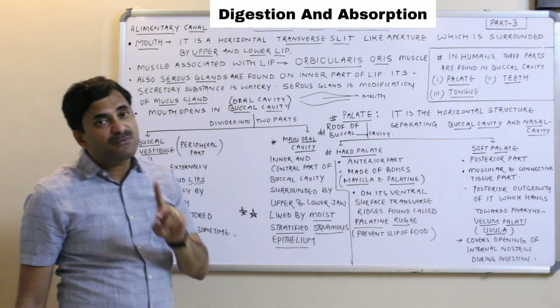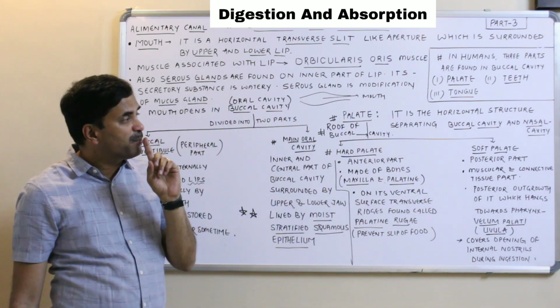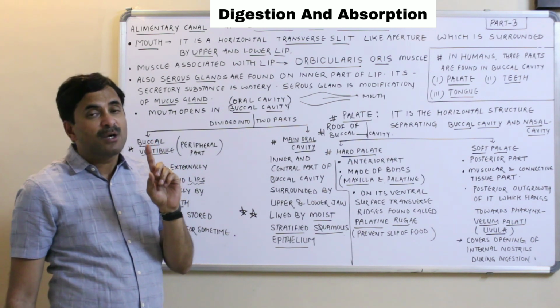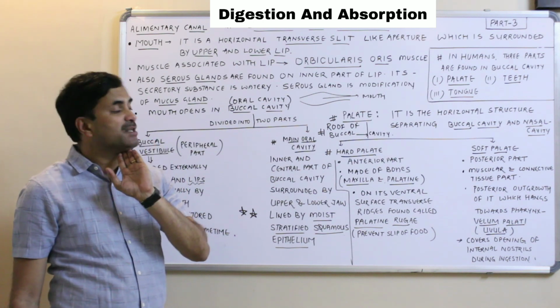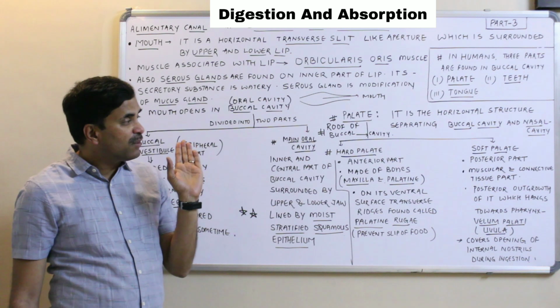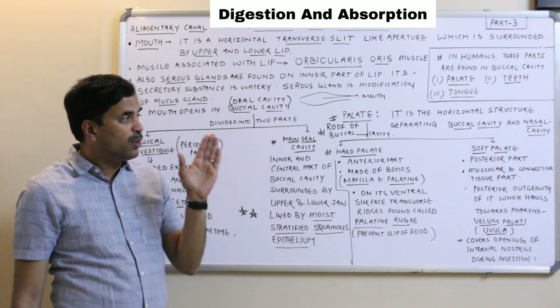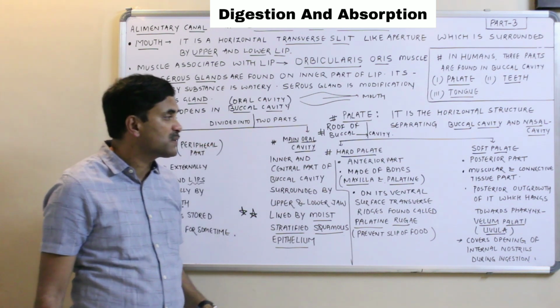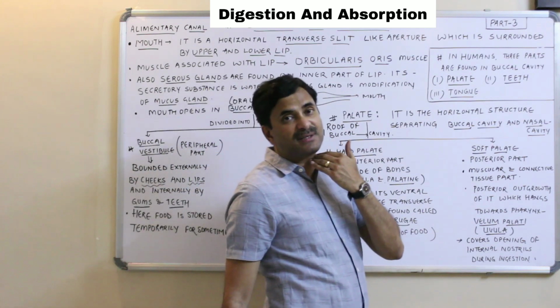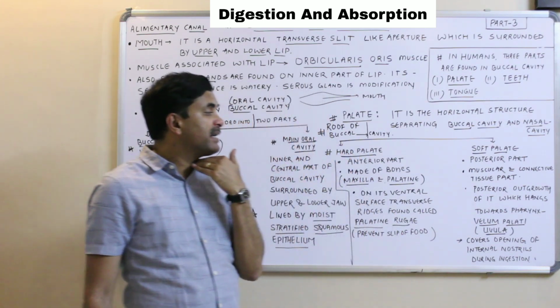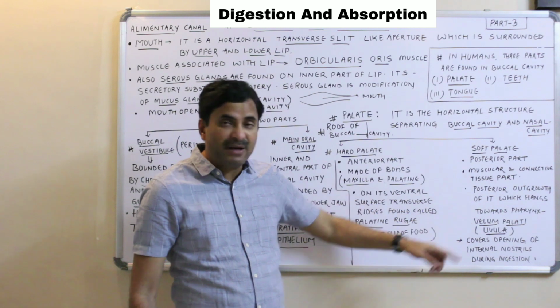Now what happens from the posterior region of the soft palate? Posterior region means which is towards the pharynx region. From the posterior region of the soft palate, an outgrowth hangs towards the pharynx, and that outgrowth is called velum palati. Very, very important.